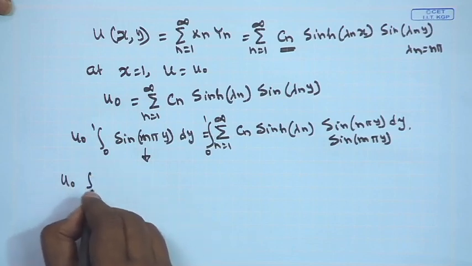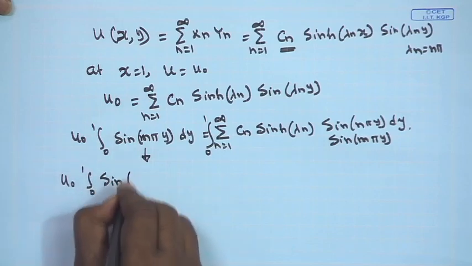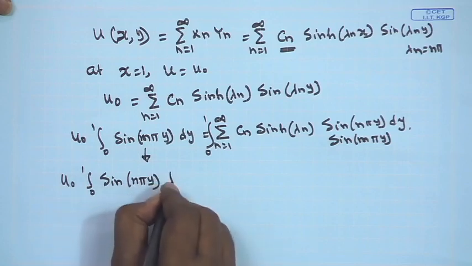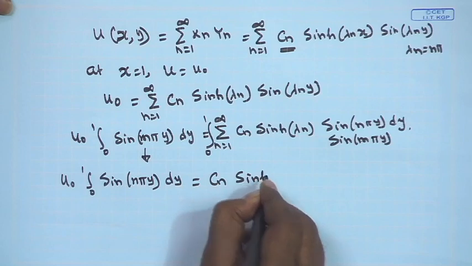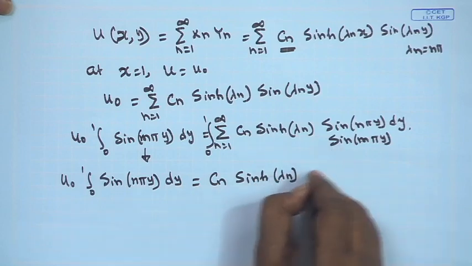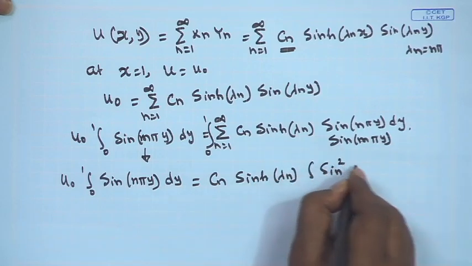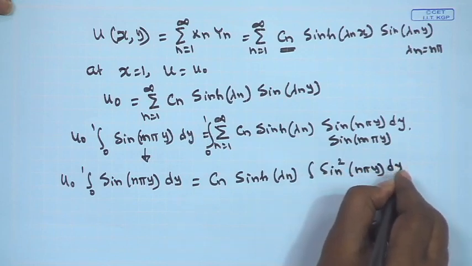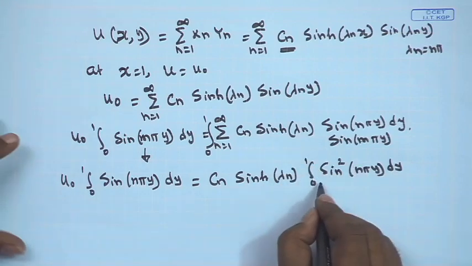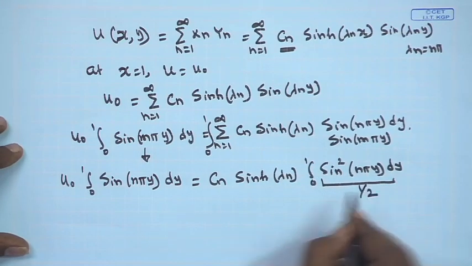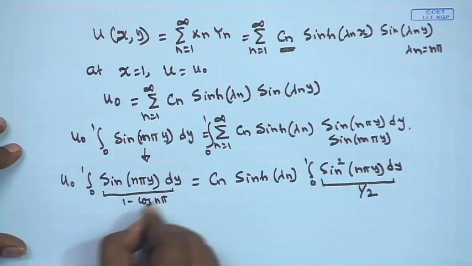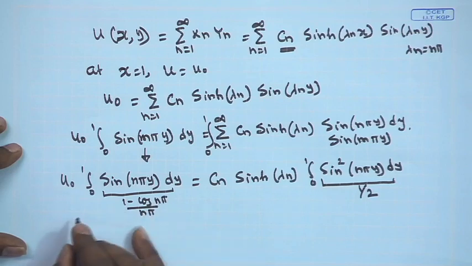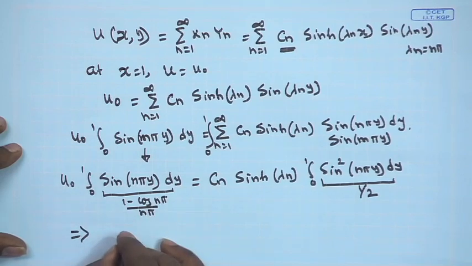So, we will be getting integral 0 to 1 sin n pi y dy is equal to Cn sinh lambda n integral sin square n pi y dy from 0 to 1, and we know this will be nothing but half, and this will be 1 minus cosine n pi over n pi. So, I will be in a position to evaluate Cn now.